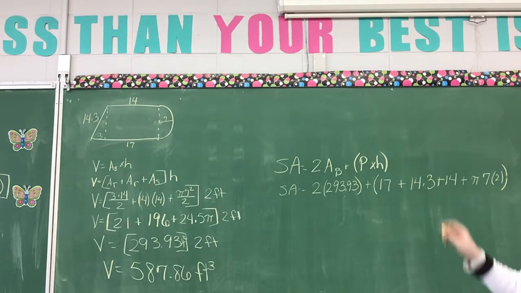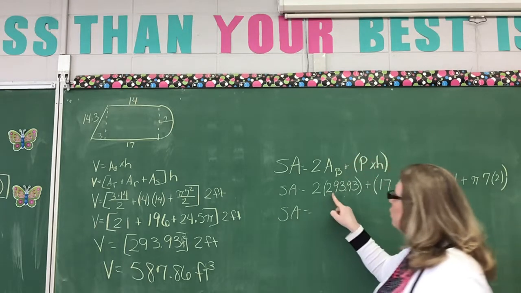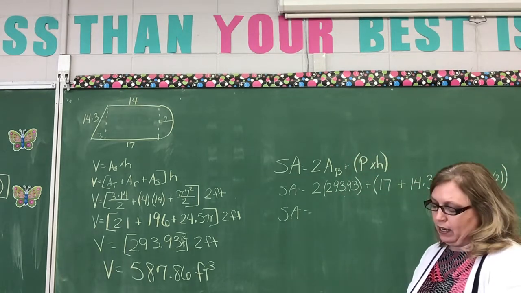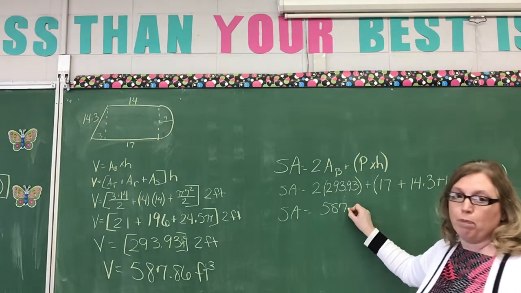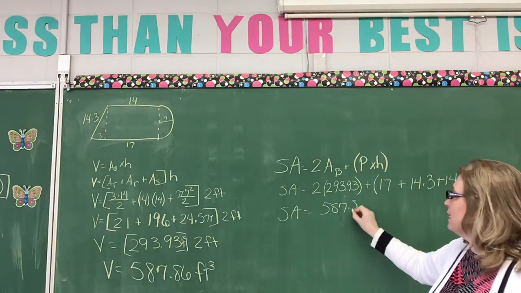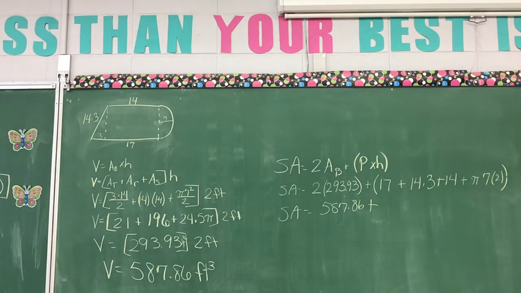And we're going to put all of that together. All right, when we do that, we're going to multiply this out. 2 times 293.93 gives us 587.86. I'm trying to do this real quickly for you. Now we're going to add 17 plus 14.3 plus 14, and then pi times 7 times 2.